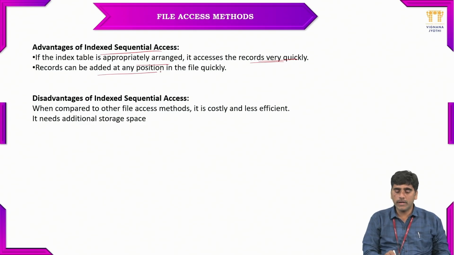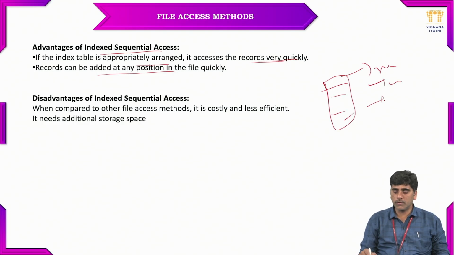And records can be added at any position in the file quickly, because the indexes are maintained for all operations. So for performing read, write, modify, append operations, whatever it may be, records can be added by maintaining this index. If you modify this index, all the values can be modified. That is the advantage of quickly accessing the position in the file.